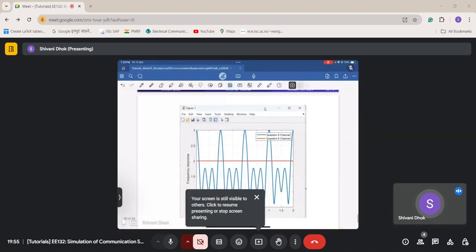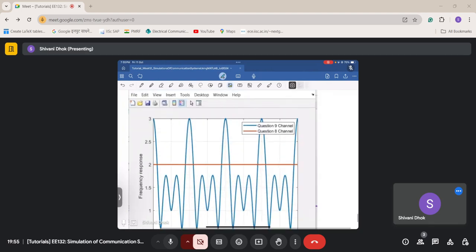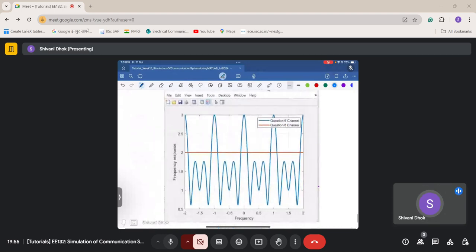So this is what we have seen just now. So this particular plot, blue one, was for your question 9 channel, and this orange one is for your question 10 channel.